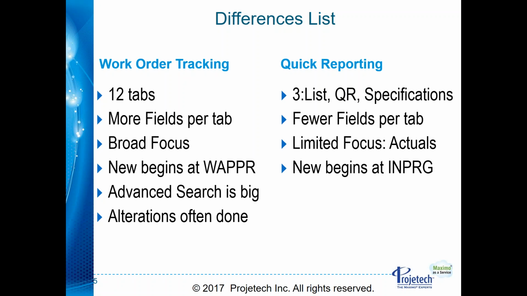Advanced search is not that big compared to work order tracking. By the same token, in both cases, we want to make sure that the list tab, in terms of the filter fields, as well as the advanced search, have the fields that you are using and leveraging, and then make sure that that is optimized for what you're going to want to search for.